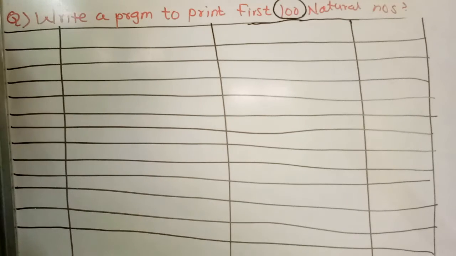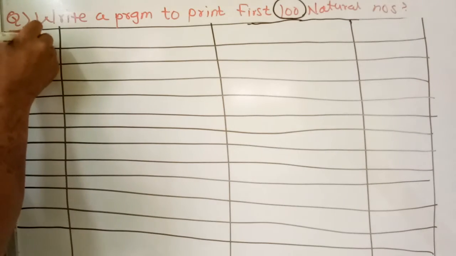So for that, we will first study the different parts or sections involved in an assembly language program. Firstly, we will write the serial number.